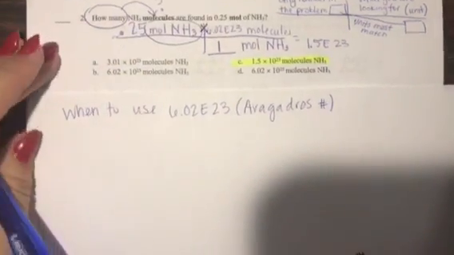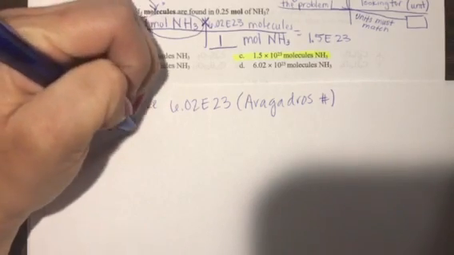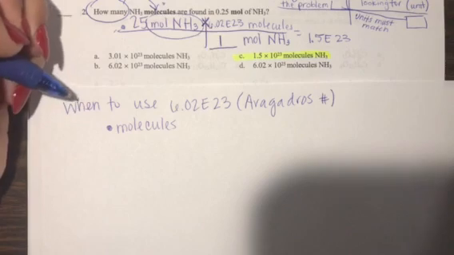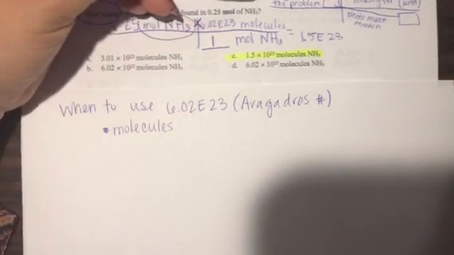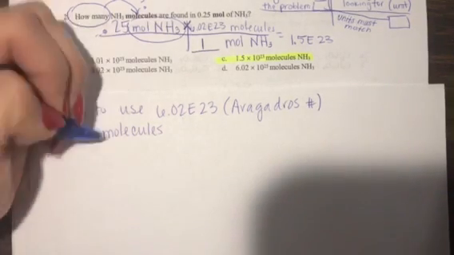I'm just going to make this note in case you don't know when to use it. I would probably write this note on my periodic table, or write this little T-chart right here on my periodic table, because you can't use the notes during your exam, but you can use your periodic table.